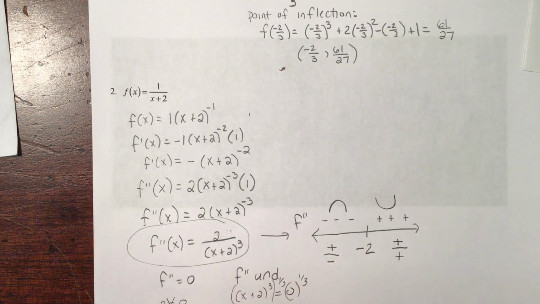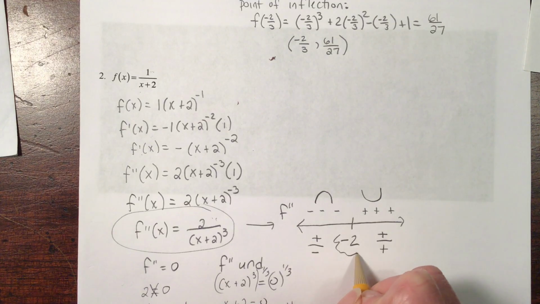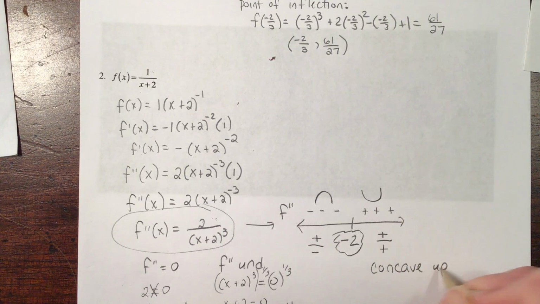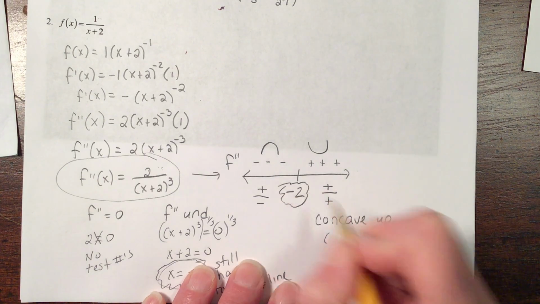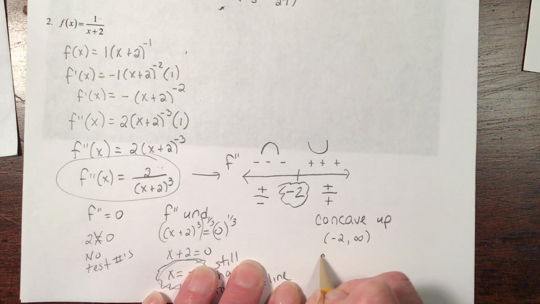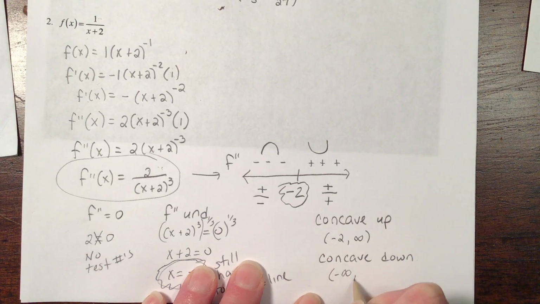And your graph is going to be concave up. Okay. Now remember, this was not technically a point on the curve. The graph is going to be concave up from -2 to infinity. The graph is going to be concave down from -infinity to -2.